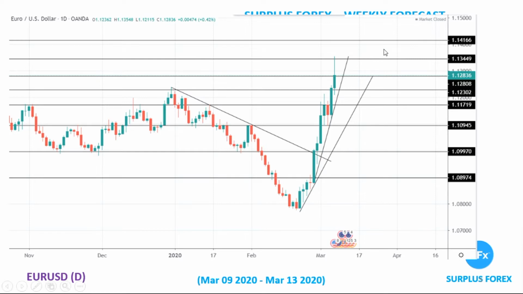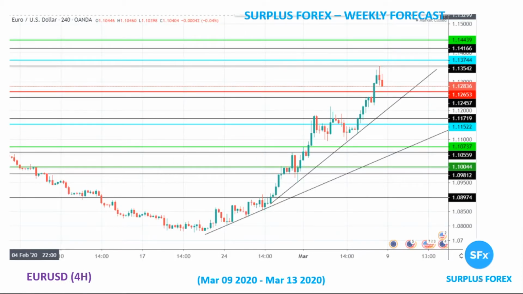So as of now, it's sitting close to 112.83. I have marked most of the major support and resistances, especially it touched 113.44, 113.50, and then dropped back to 112.83.